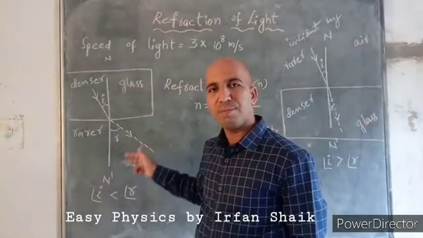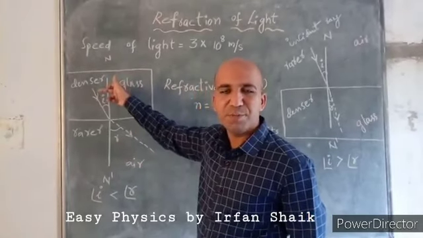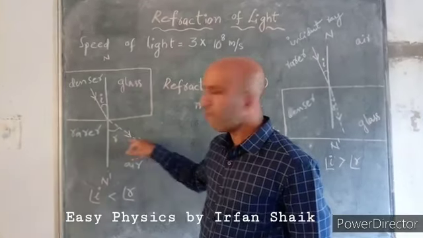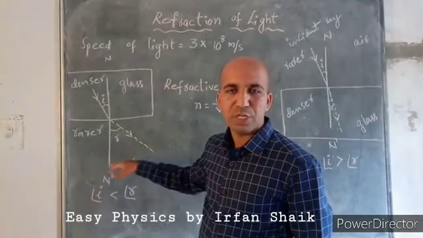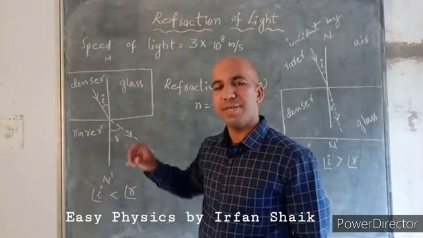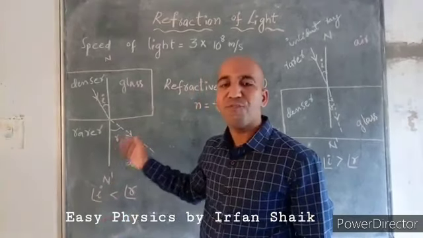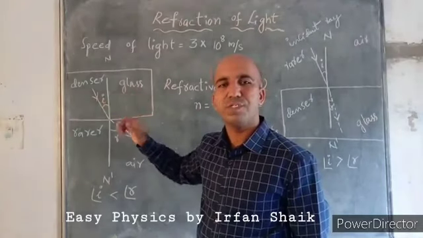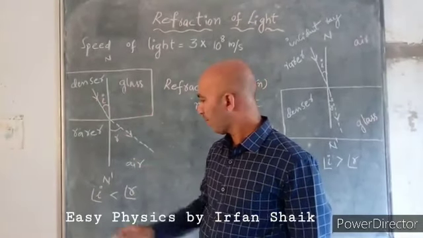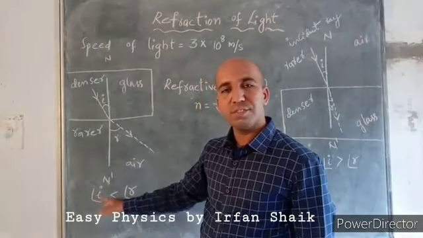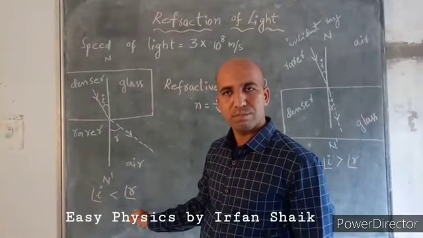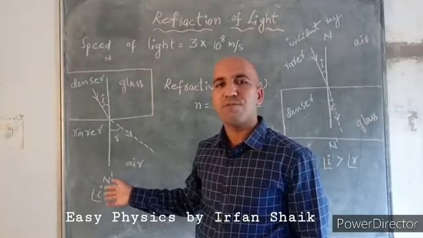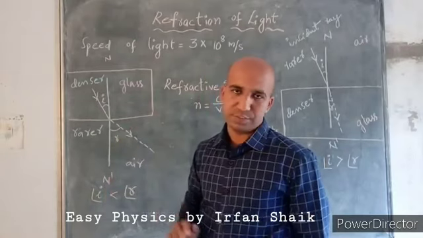That means when a light ray passing from denser medium to the rarer medium, it bends away from the normal line. That's why the angle of refraction is always greater than the angle of incidence in this case. So angle i is less than angle r. So this is the relation between angle of incidence and angle of refraction in this case.